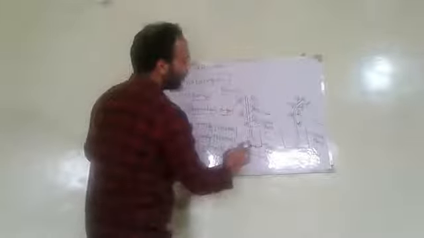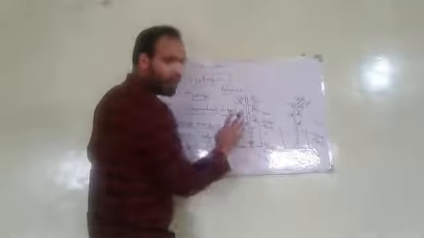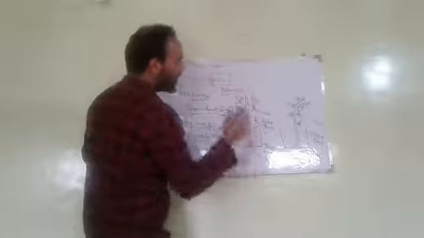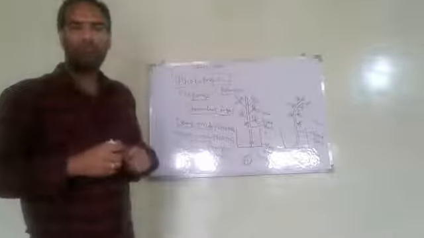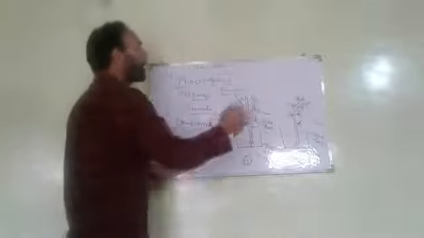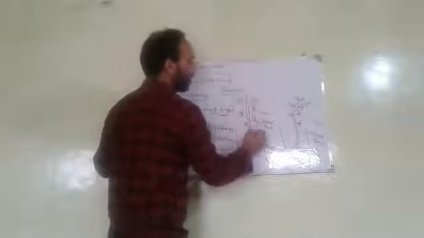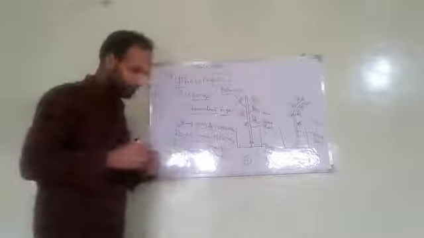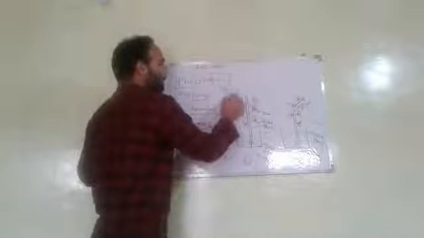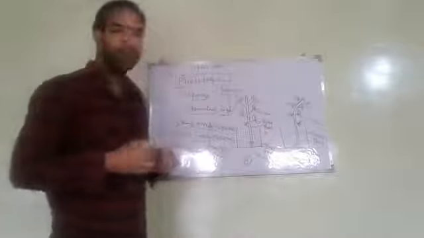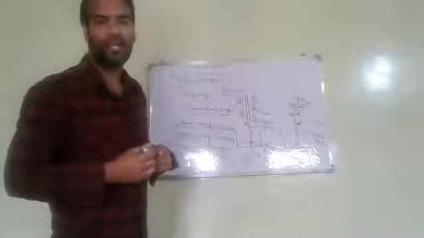Suppose we take a glass jar that is labeled as A. In this glass jar we put a potted plant, and place this glass jar in an open ground.